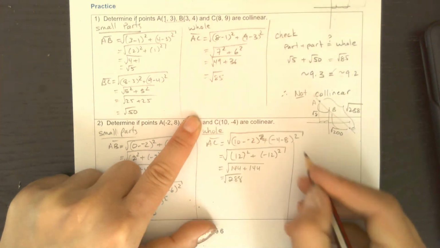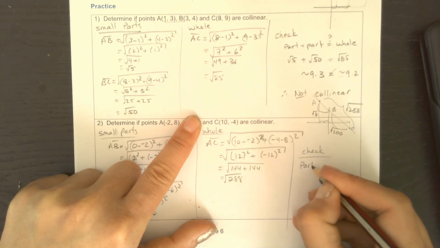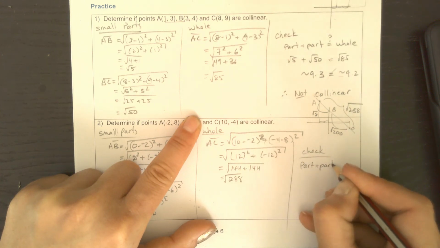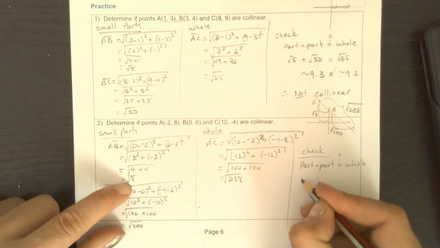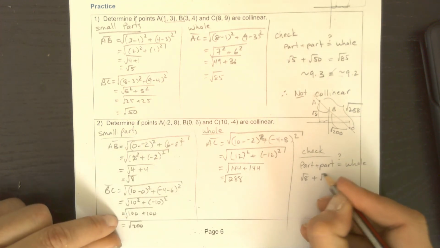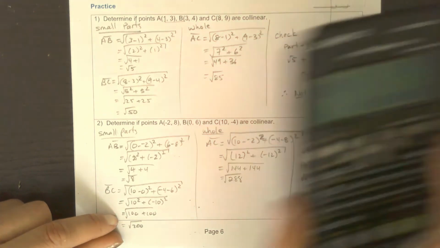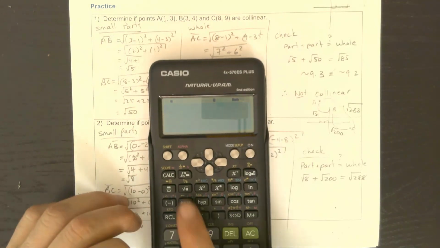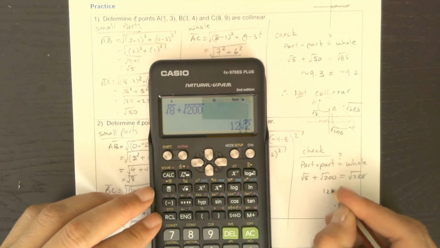So now I have to check. So I'm going to go the part plus the part. And is that equal to the whole? I don't know. Let's go root 8 plus root 200. Is that equal to root 288? Let's check. Root 8 plus root 200. I'll leave it like that because it's nice.